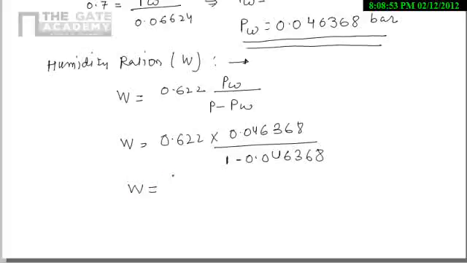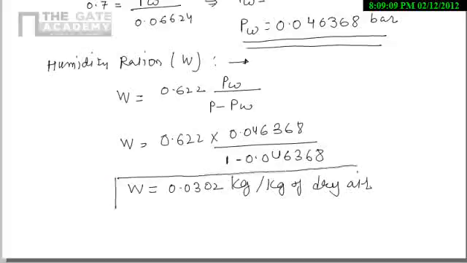If we calculate this, it comes to 0.0302 kg per kg of dry air. So the specific humidity is 0.0302.